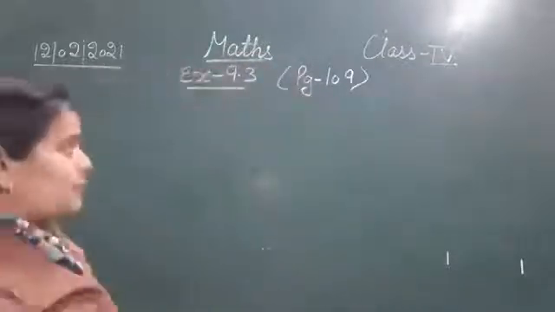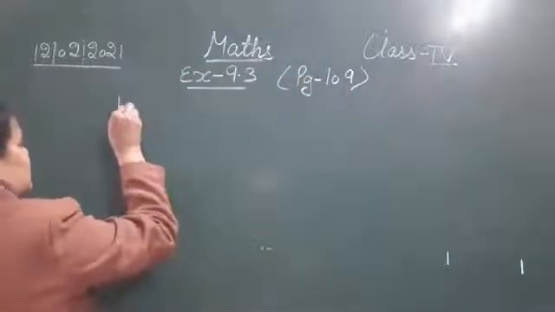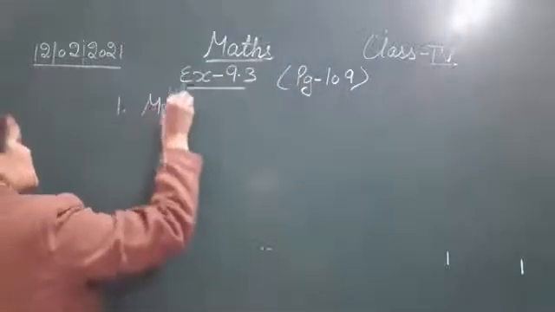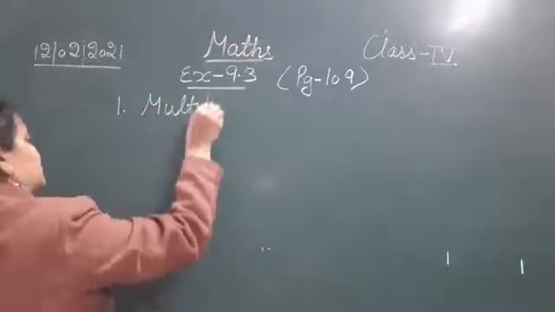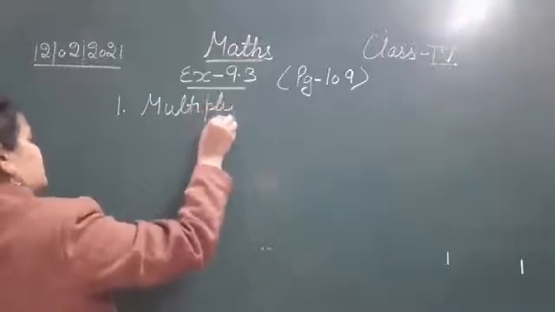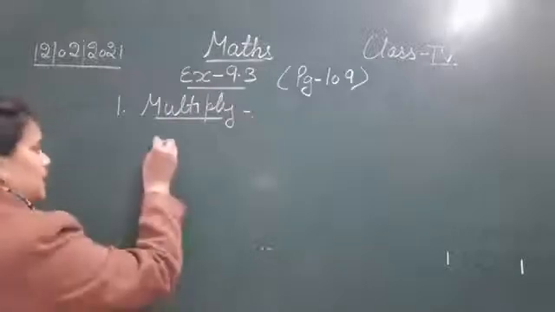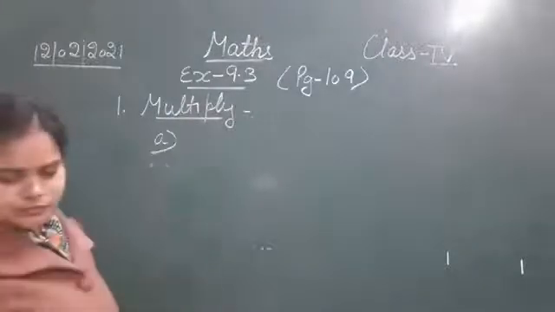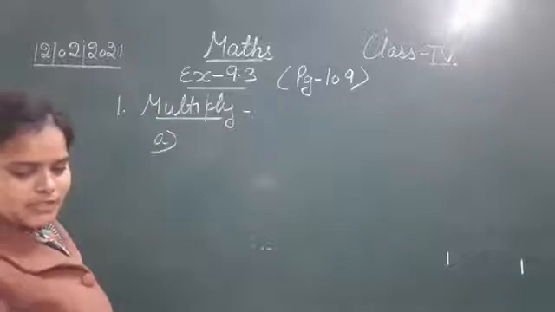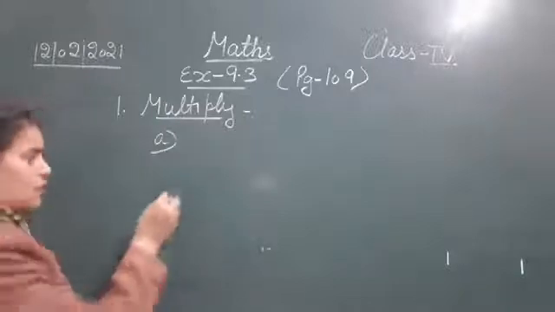So the first sum is related to multiplication. We have to multiply in the A part: rupees 476 and 45 paise by 2.